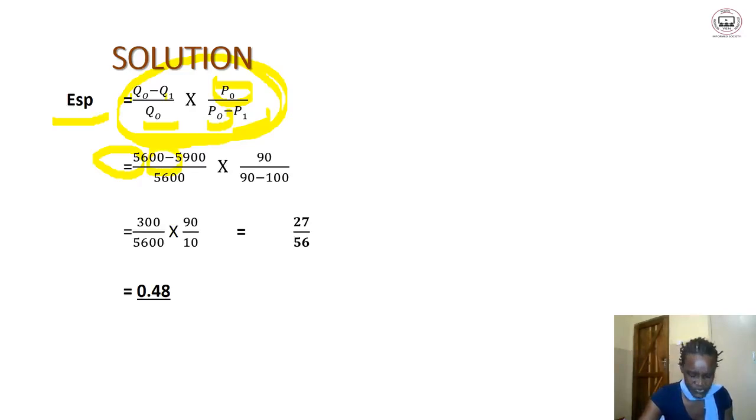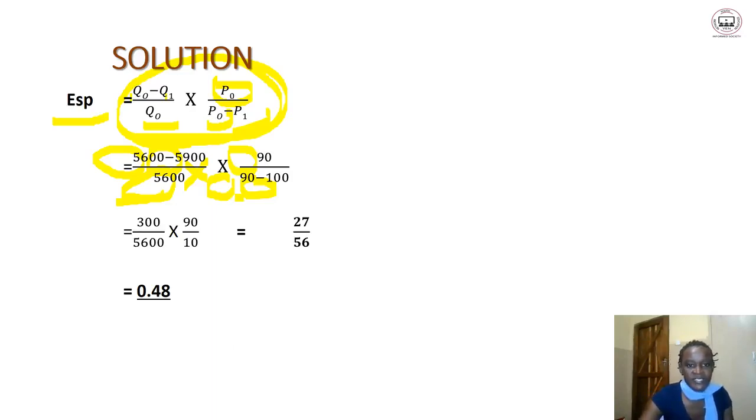So it will be 5,600 minus 5,900 divided by 5,600, which is our original quantity, times 90, which is our original price, divided by 90 minus 100, which is our new price.